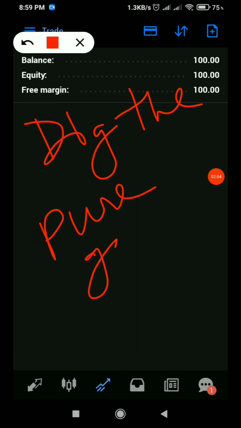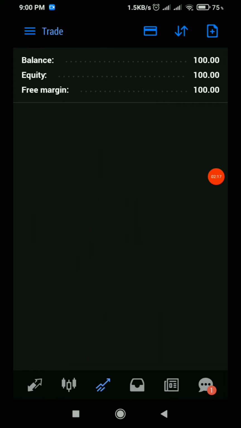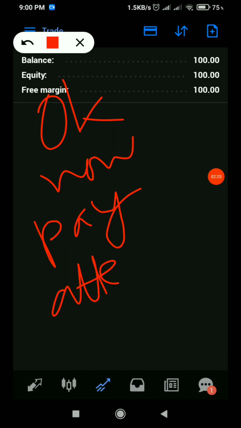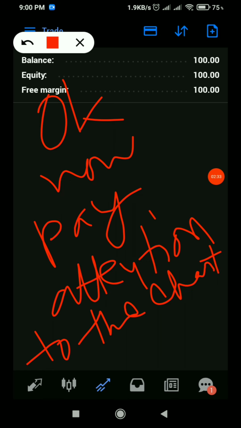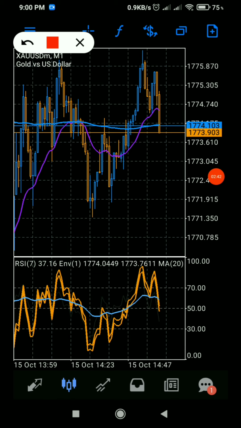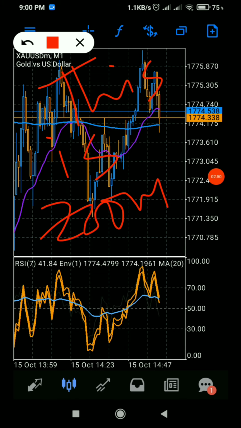So this strategy is like the previous Dig the Pure Gold strategy, but this is an update, and of course a promising update. Okay, now pay attention to the chart. Here is the chart. As you see, there are two windows, the first and the second.